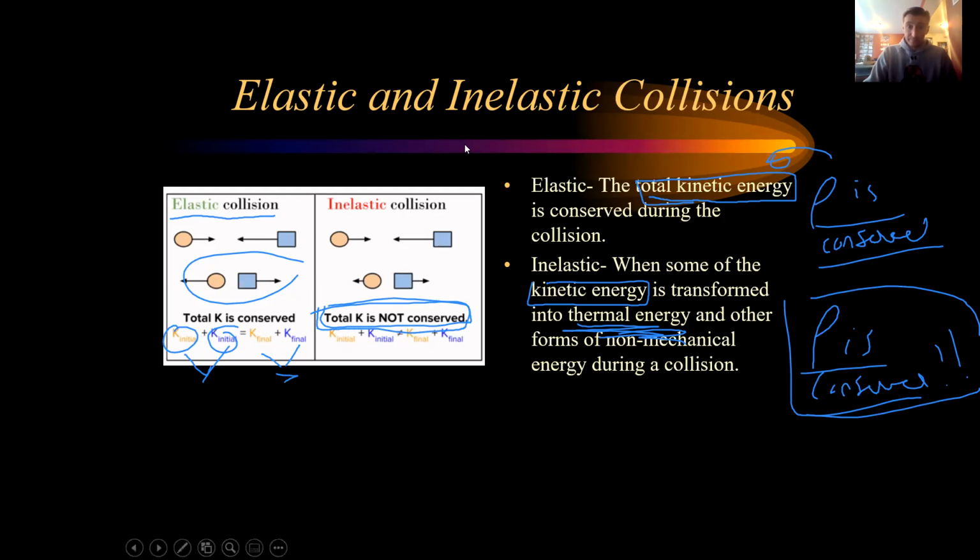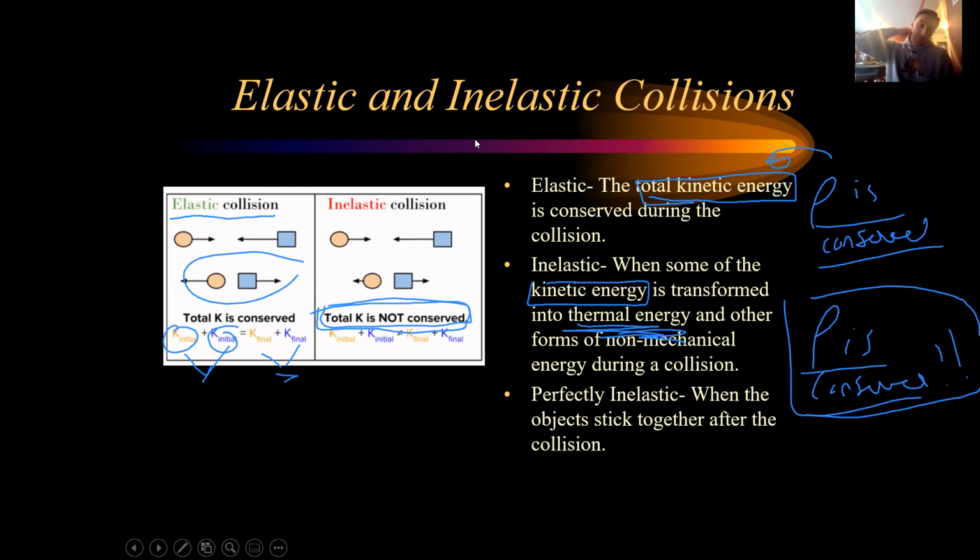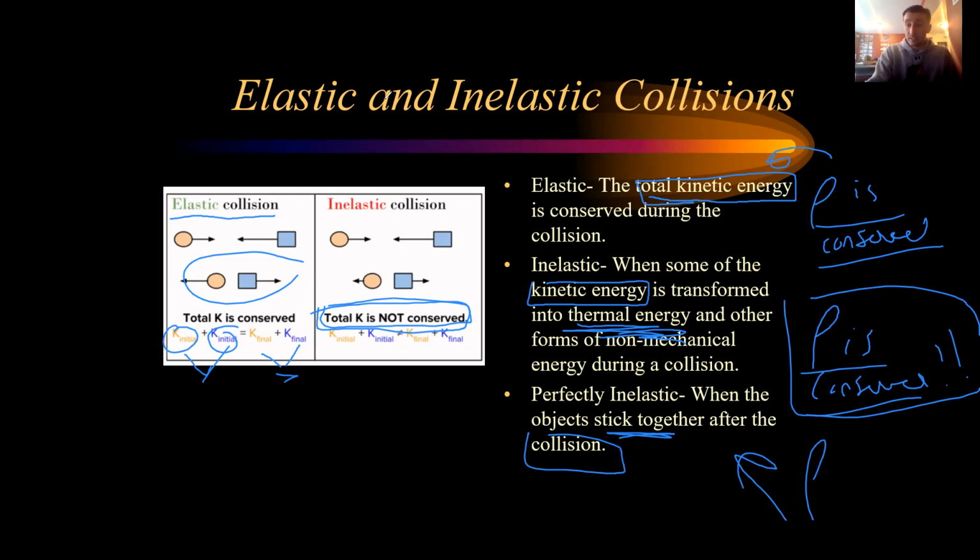All right. And then the last type we have is perfectly inelastic. It is the same as inelastic, except the objects are going to stick together afterwards and move as one. But remember, momentum is conserved.